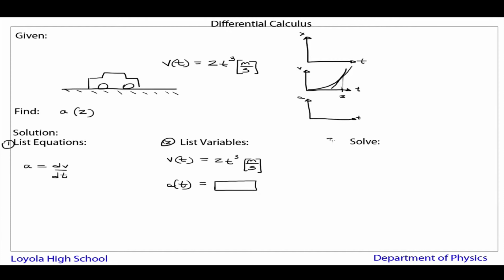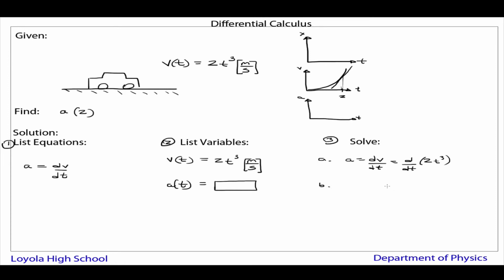In step three, solve. We're breaking it up in a three-step process. A, we'll say a equals dv/dt, which in our case is equal to d/dt of 2t cubed. B, we'll actually differentiate, so this is going to be equal to the derivative.